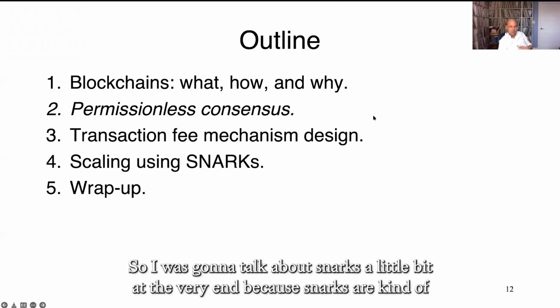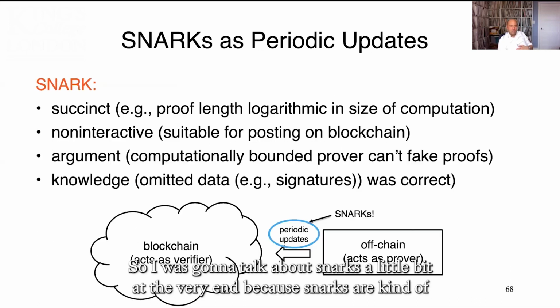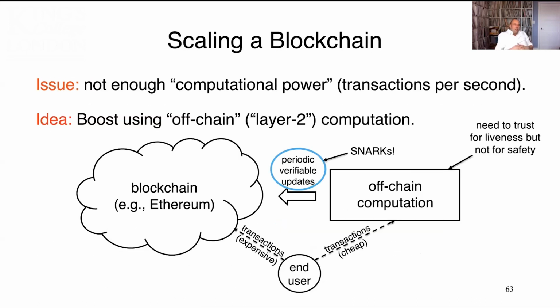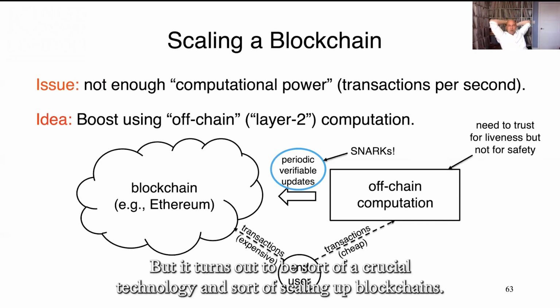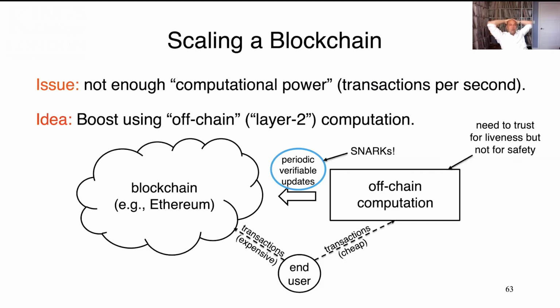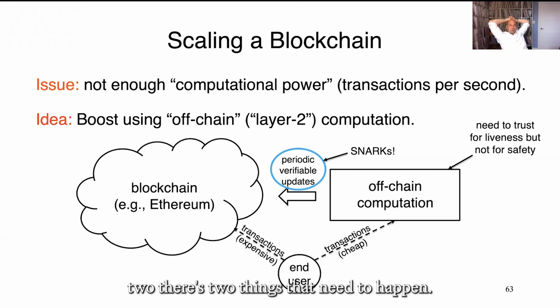I was going to talk about SNARKs a little bit at the very end. SNARKs were originally invented by mathematicians to study the nature of proofs, but it turns out they are a crucial technology in scaling up blockchains. So to answer your question, David, I think there are two things that need to happen.